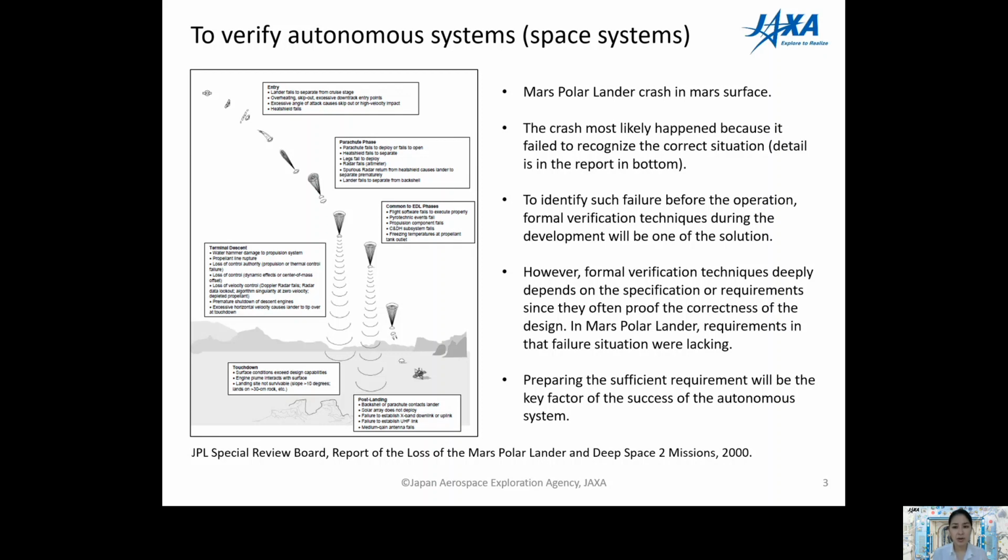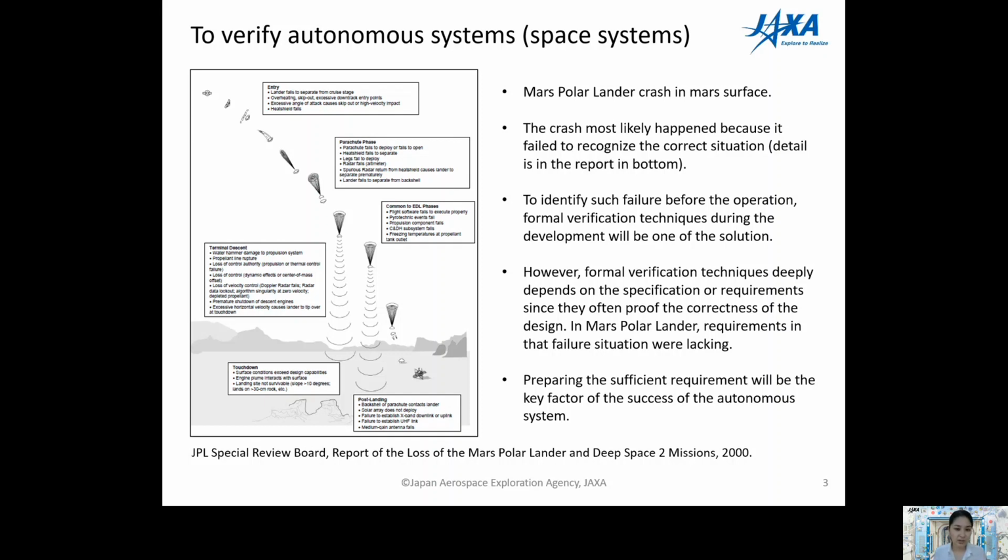This lander crashed on the Mars surface, and we don't know exactly what happened because it all happened on Mars, but it is said that the crash most likely happened because it failed to recognize the correct situation of the lander.